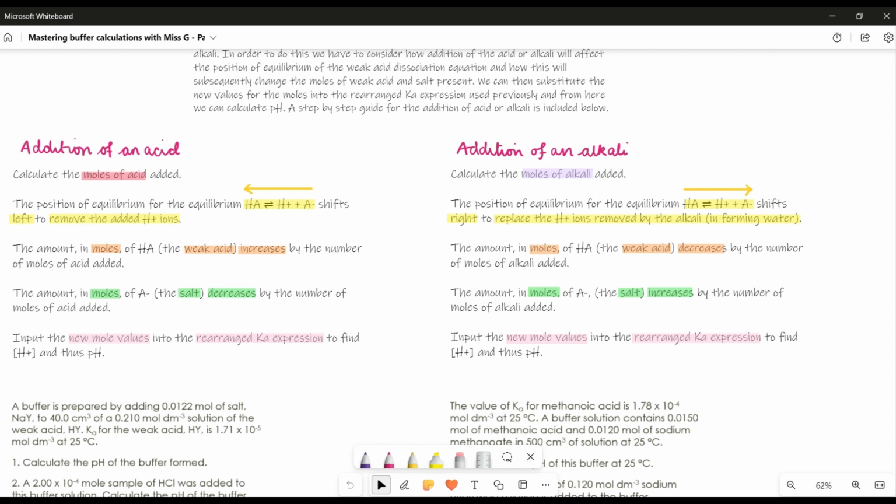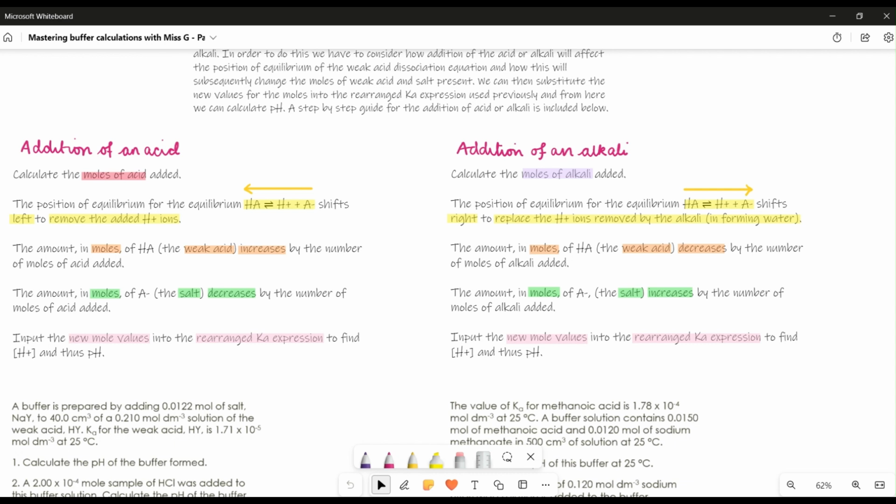The position of equilibrium this time is going to shift to the right, because in adding an alkali, we are adding OH minus ions, and those OH minus ions that we add react with the H plus ions in our weak acid dissociation expression. If we are thus removing H plus ions from the equilibrium, we're reducing their concentration.